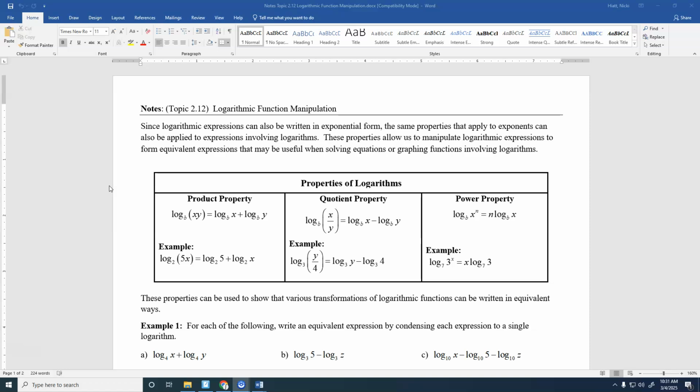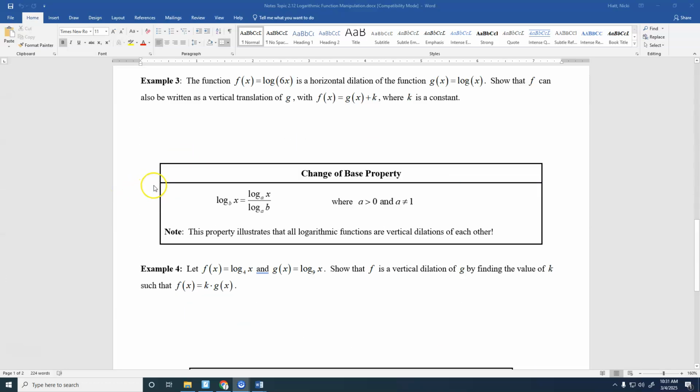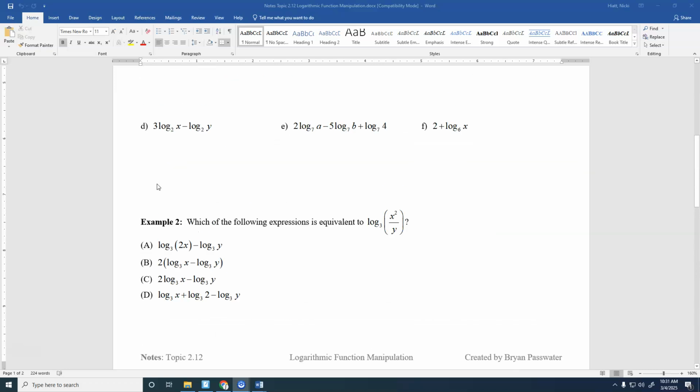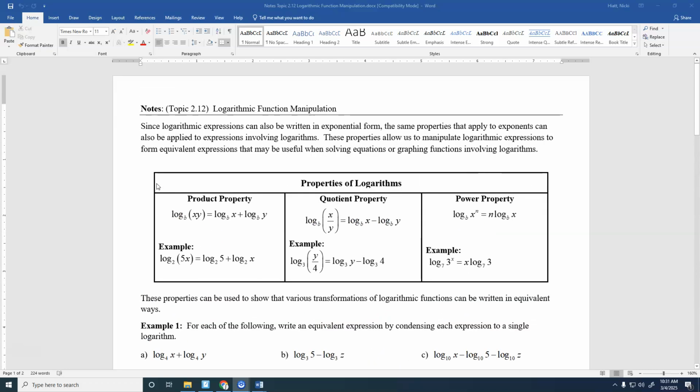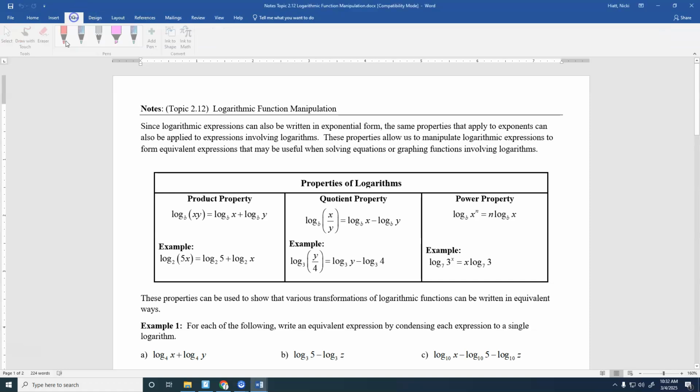This section will definitely be a very algebraic sort of section where we're just using this to manipulate these. I don't think it actually gets into solving equations yet. That will come in a later section. But we are going to learn these properties, which will later help us solve some equations that we otherwise could not solve.